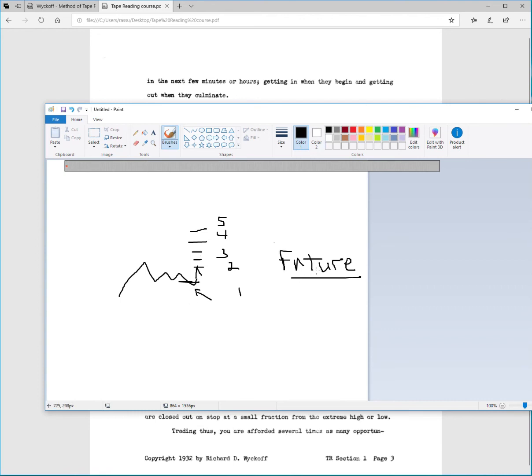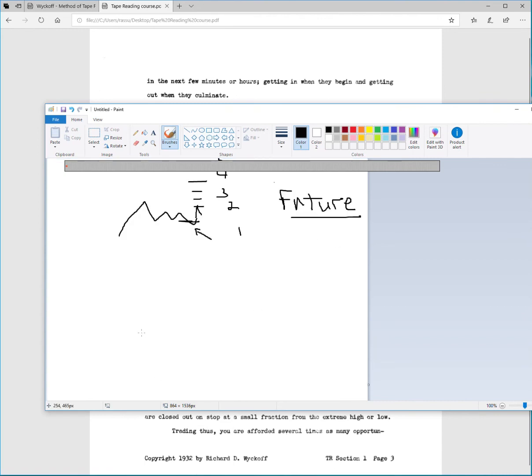No. So trading is built on anticipating that people are going to buy at worse prices and sell also at worse prices. It is this fact that you really have to question.